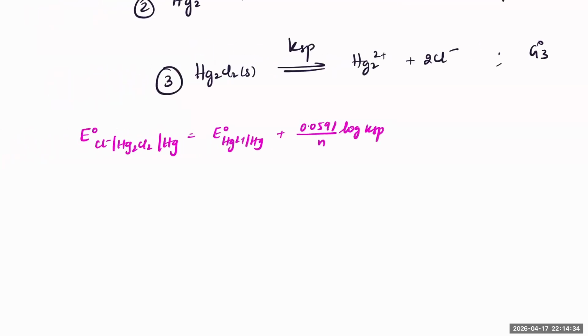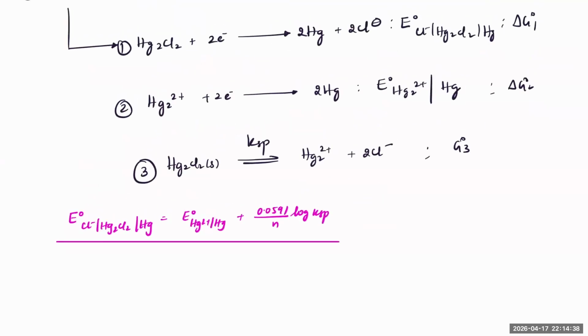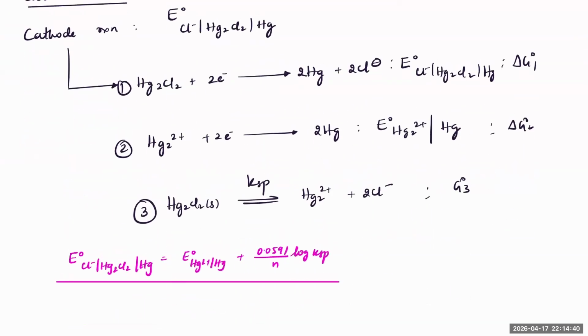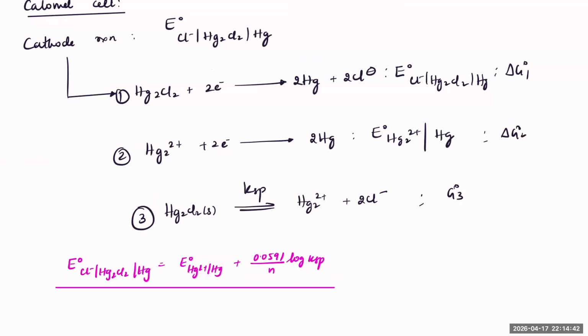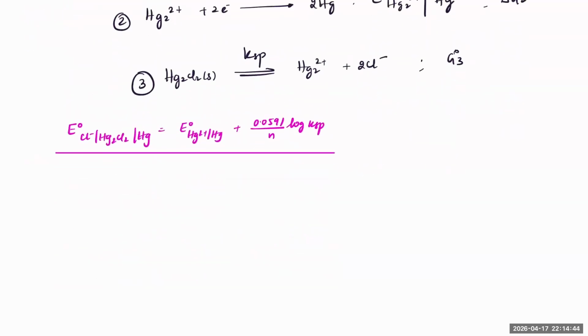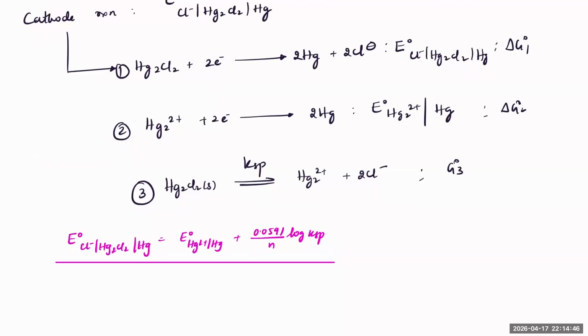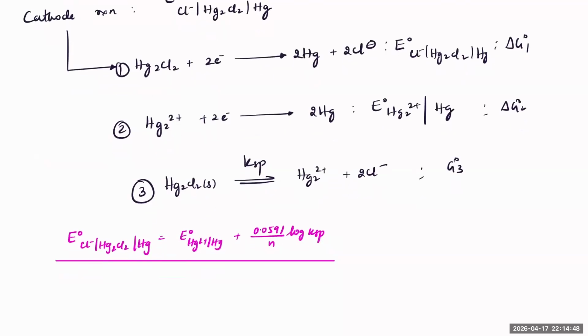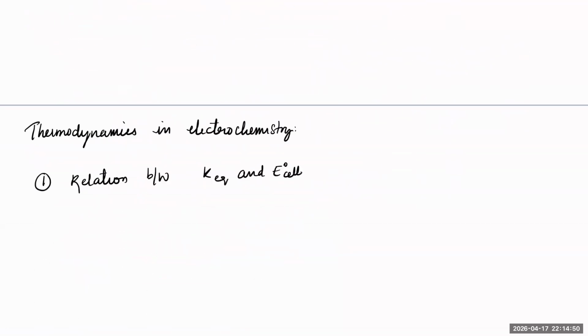So this is what you will be able to derive using these three equations. Clear, everyone? Please try this once again. This is very useful, right? In a lot of problem solving, this E naught value will help.